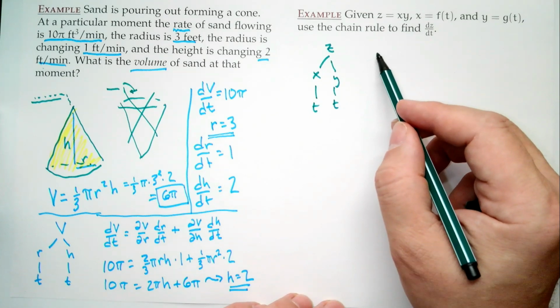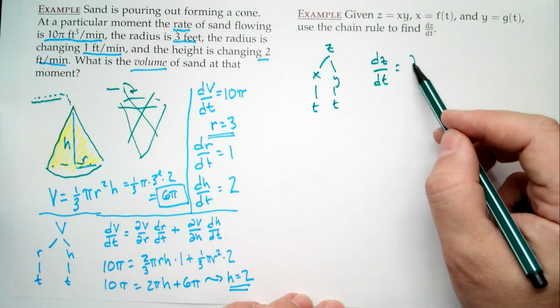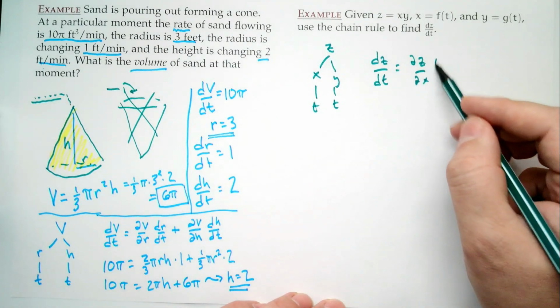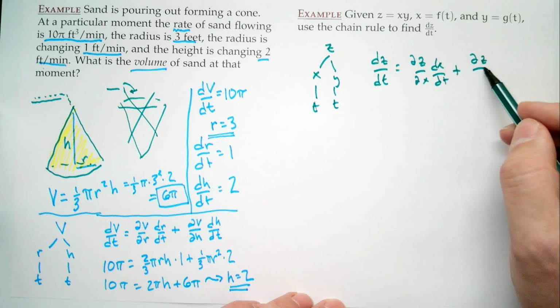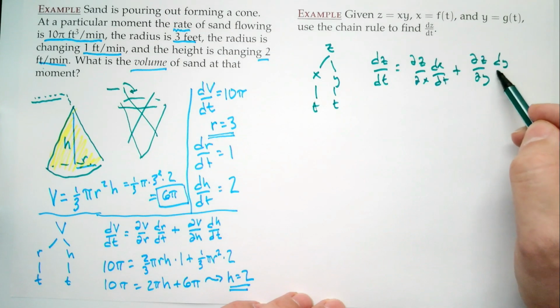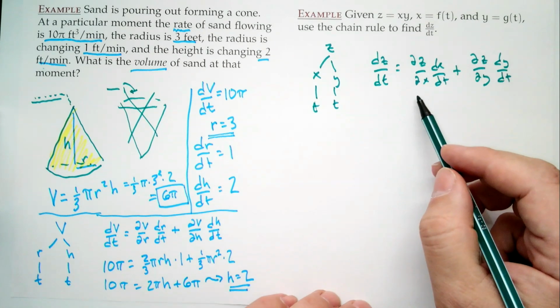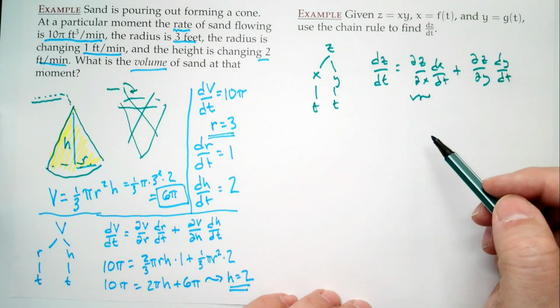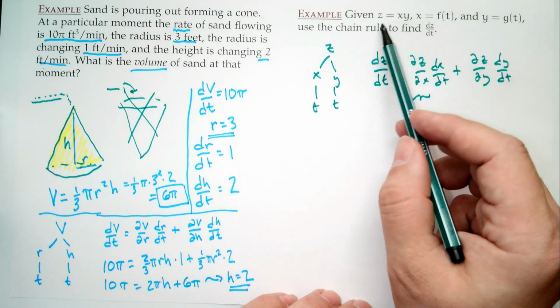So the chain rule says that dz/dt is equal to partial z partial x times dx/dt plus partial z partial y times dy/dt. Nothing too surprising. What is partial z partial x? z is x times y.